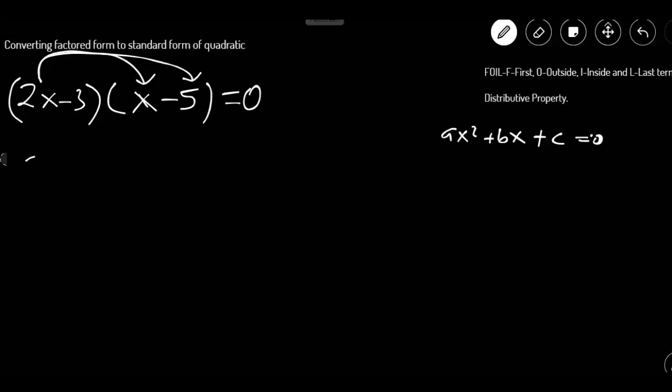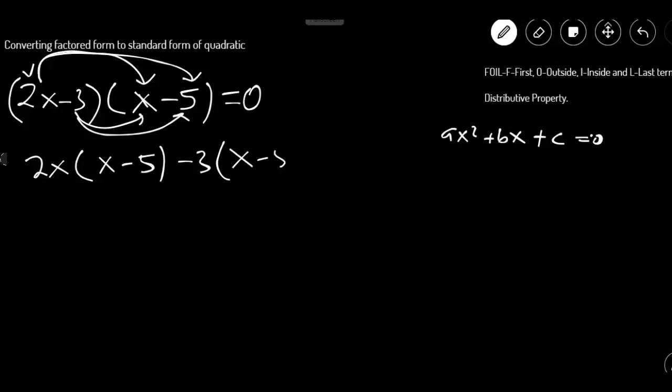So 2x is multiplying x minus 5. Done with this one. Then we take this one, multiply it, so negative 3 is multiplying x minus 5 equals 0.